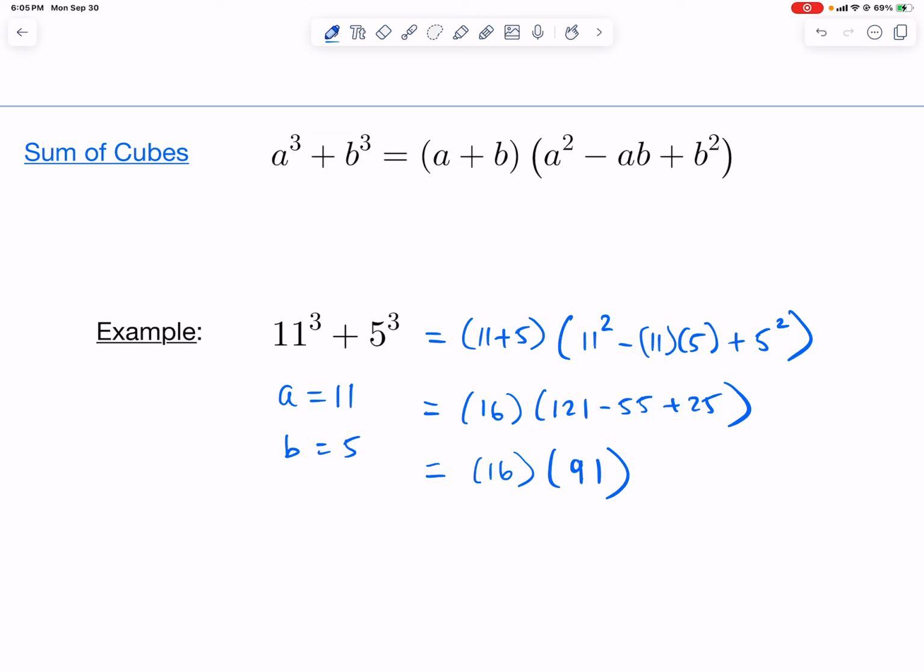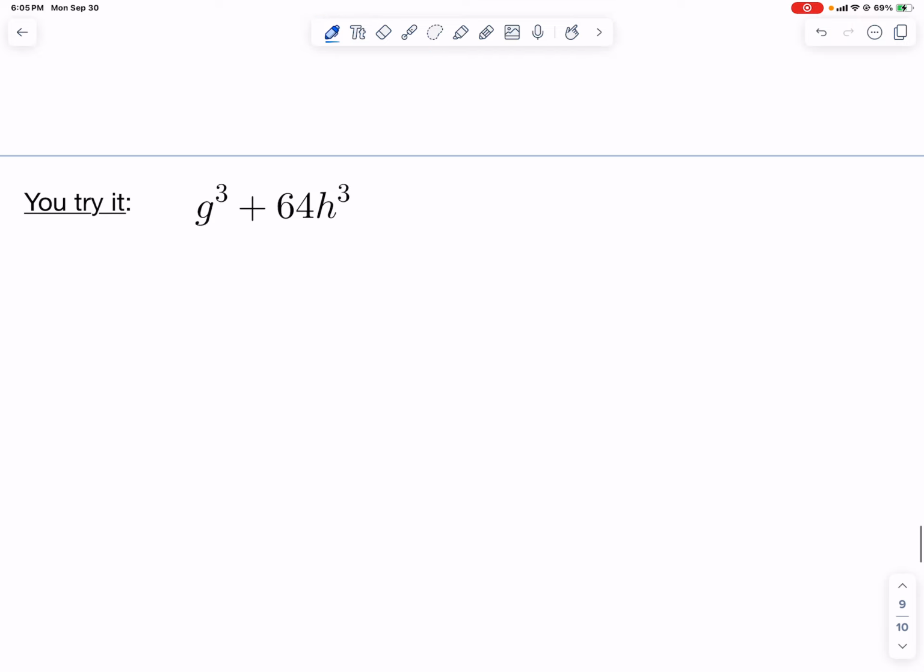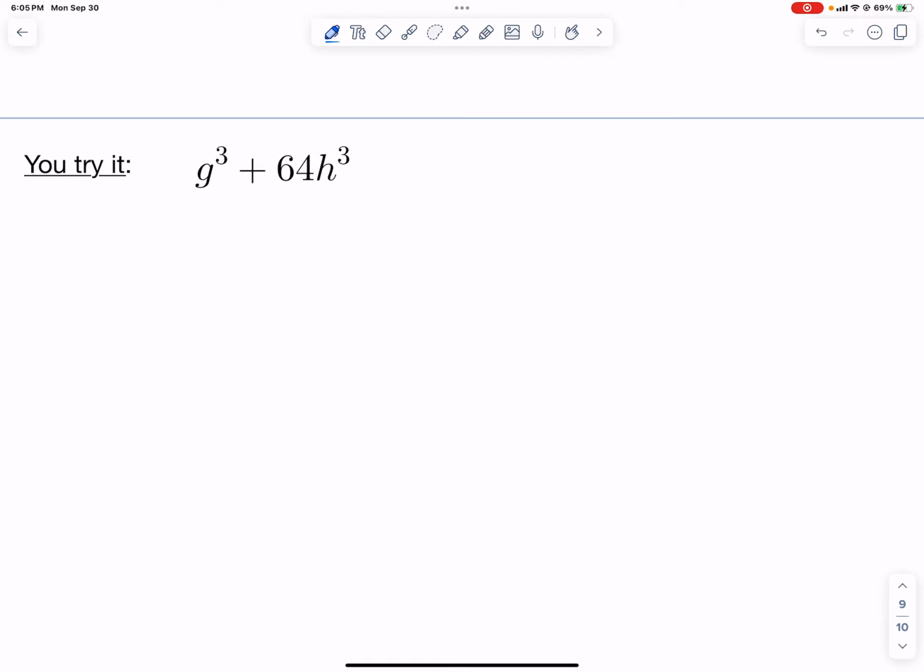Let's see, 146 minus 55. Yes, 91. And then 16 times 91 is going to be 1,456. All right, so here's an example. See if you can work this out on your own.